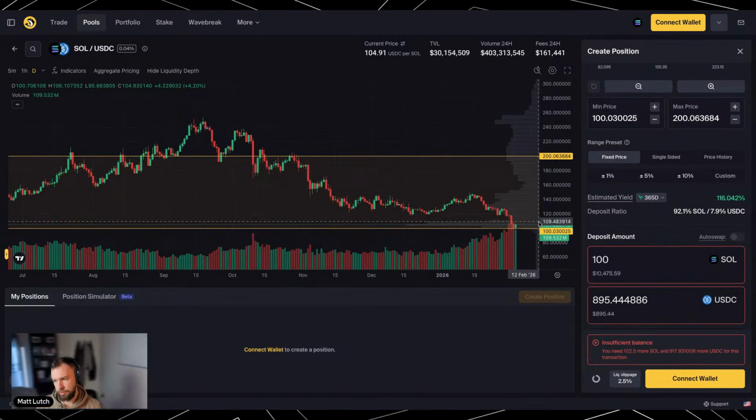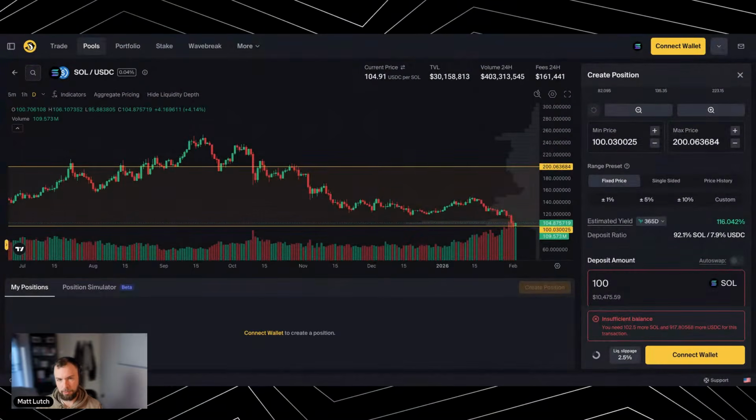As it goes down, it sells the USDC into Solana. So what that means is, if you were to go out of range, you'll be holding in this pool just Solana. So this is what your pool would look like. So really, you're back to where you started. You're left with your Solana.